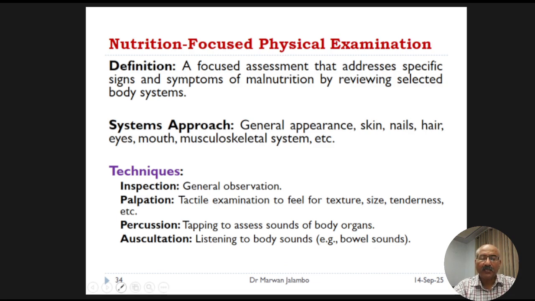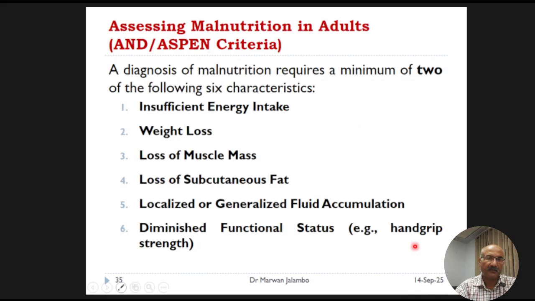The findings from the nutrition-focused physical examination are then used to help diagnose malnutrition using standardized criteria. For assessing malnutrition in adults, there is the ASPEN criteria.